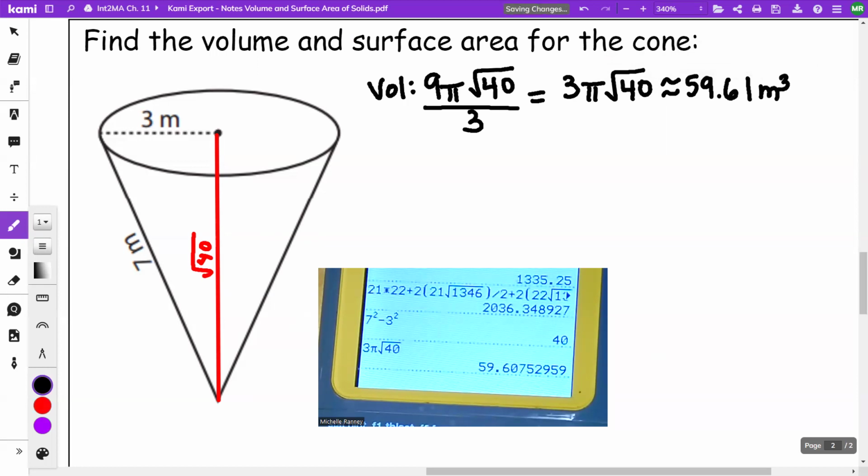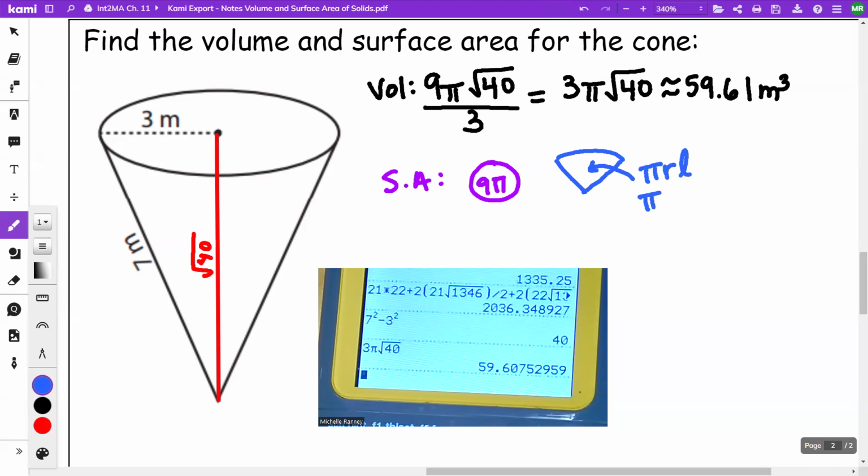Now, when I'm doing surface area, I have my base, my circle, that's going to be 9 pi. Then I have the sector. Now, the formula for that is pi r L. In this case, my radius is 3, my lateral height is 7.